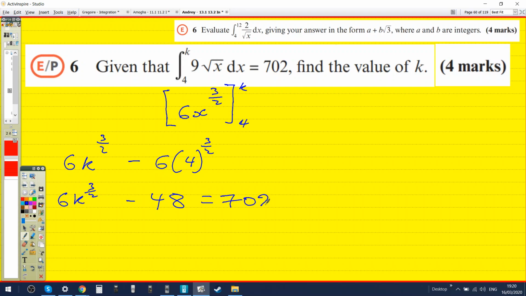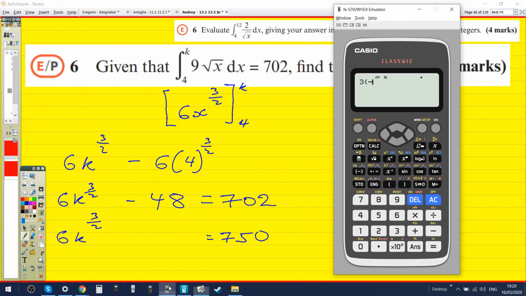And then 6k to the 1.5 is equal to 750. And then can I just put that into my calculator?